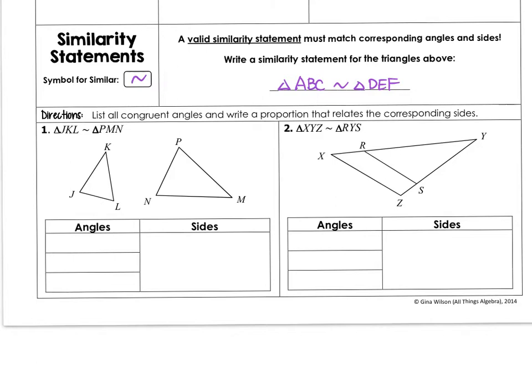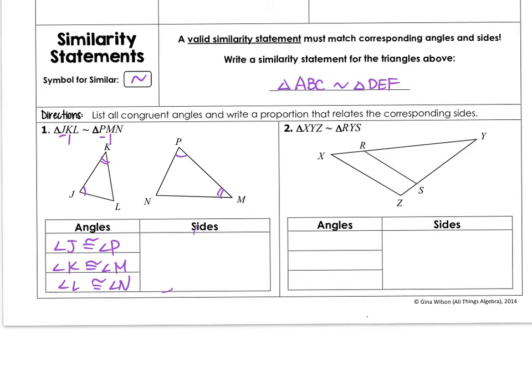So a quick example, triangle JKL and triangle PMN. We have to list all the congruent angles and write the proportions. So let's see. J and P, K and M, and L and N. So angle J is congruent to angle P, angle K is congruent to angle M, finally angle L is congruent to angle N, right?